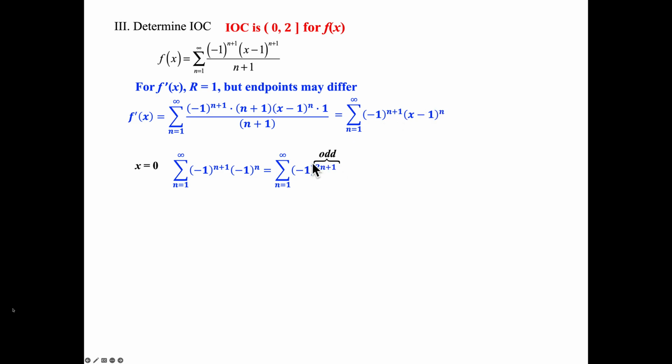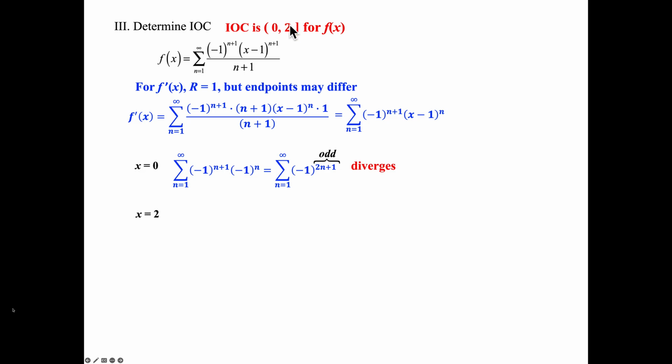That's where this power changes. So this is going to diverge because this is always going to be odd. So this is negative 1 all the time. That diverges. Negative 1 plus negative 1 plus negative 1 plus negative 1. It's going to go to negative infinity.